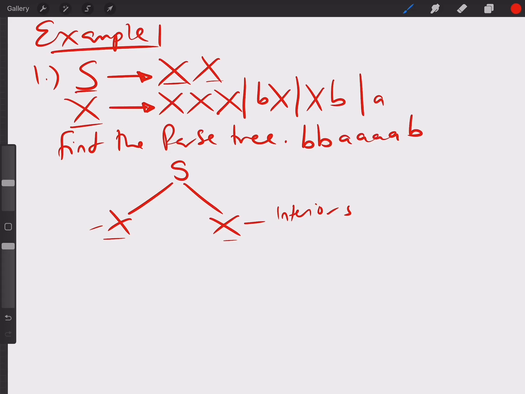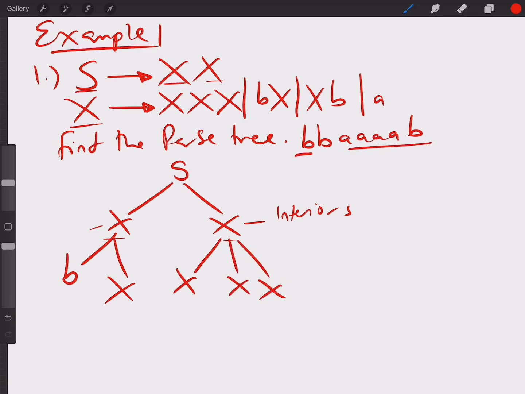So what does X derive? X can derive XXX and can derive BX and XB. So let's say we derive BX since we want to follow this, right? Now, on this other hand, we might want it to generate the XXX.